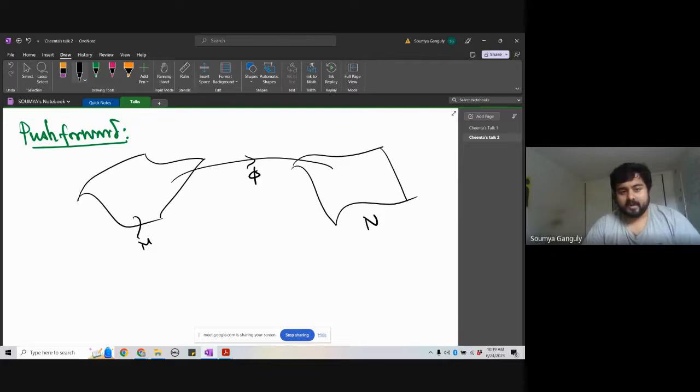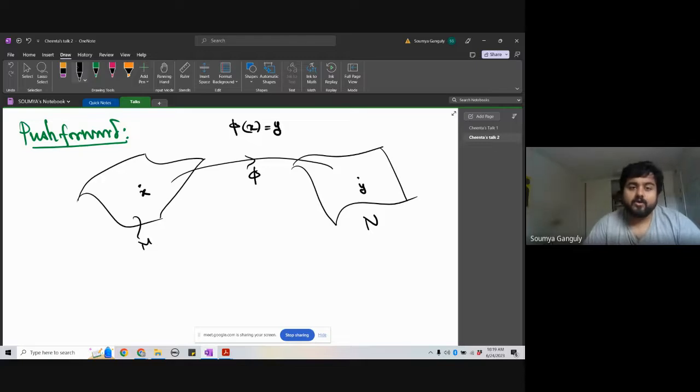Now, if you have a smooth function phi, suppose you have a point x here, which gets mapped to the point y by phi, which means phi of x is equal to y.